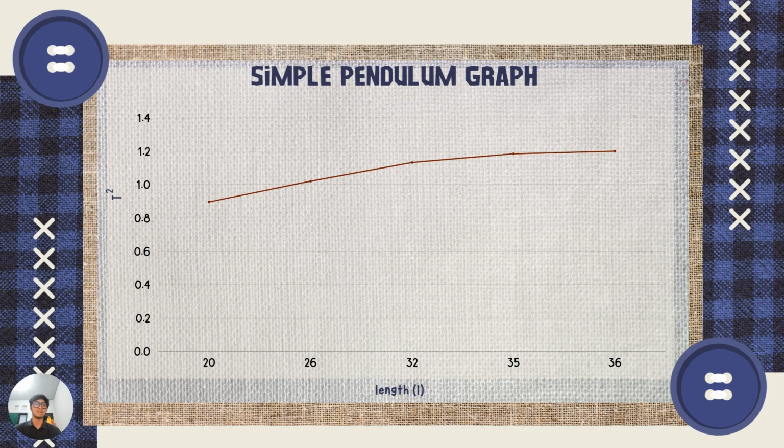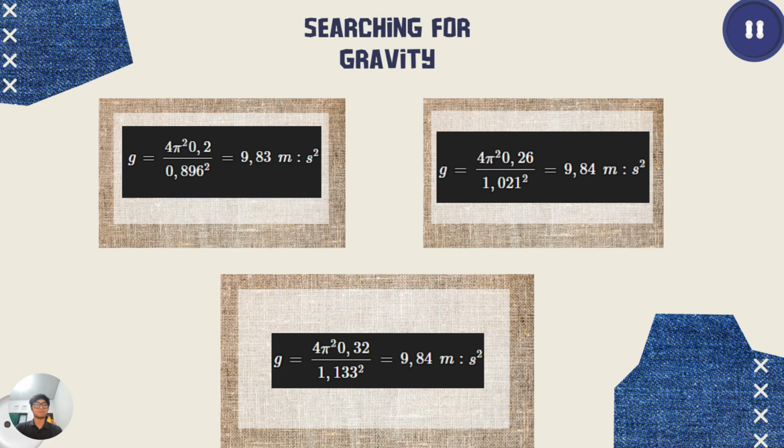At 20 centimeters it sits at about 0.86 T squared, while at 36 centimeters it sits at 1.2 T squared.